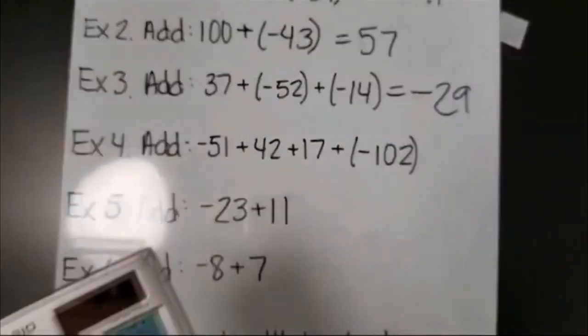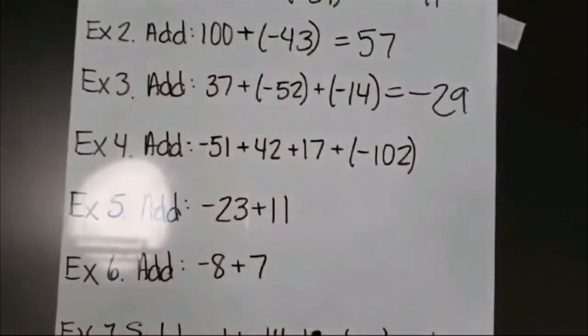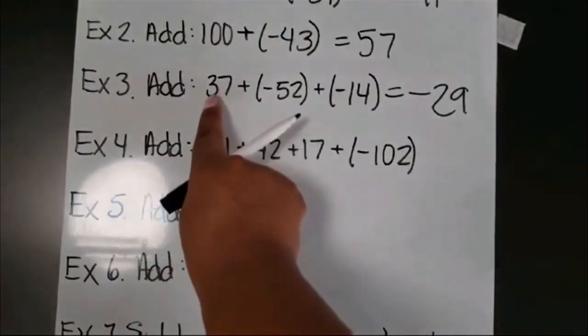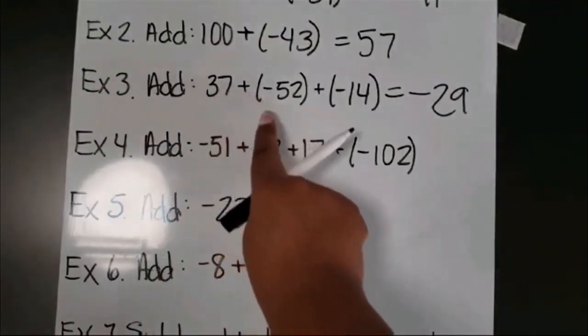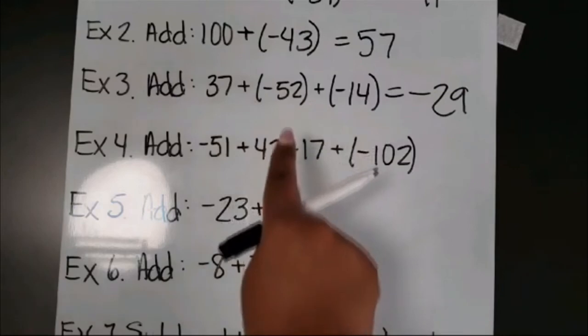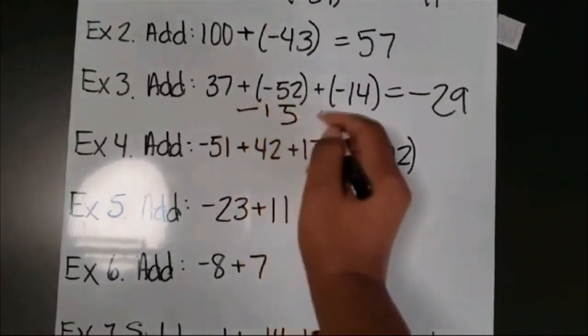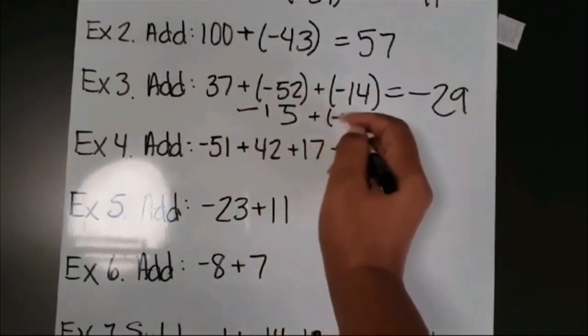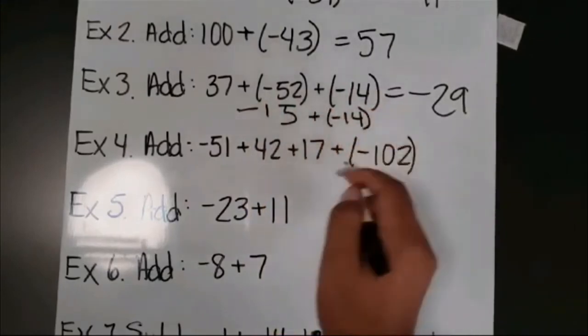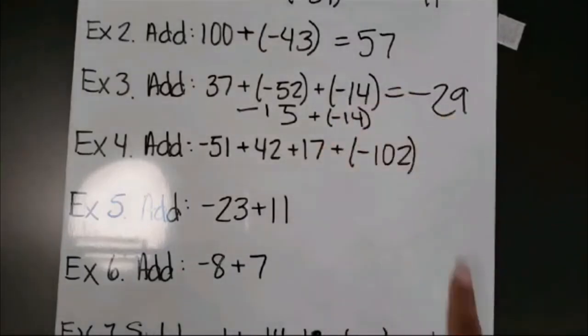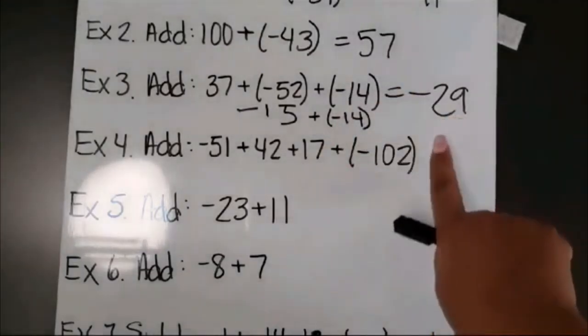If you don't put it all in your calculator at one time, you can do 37 plus negative 52 to get negative 15, and you can bring that plus negative 14 down, and you'll still get negative 29.